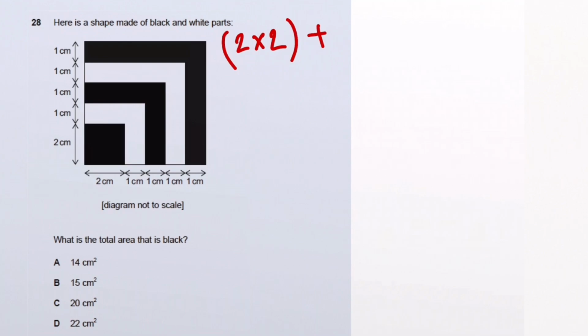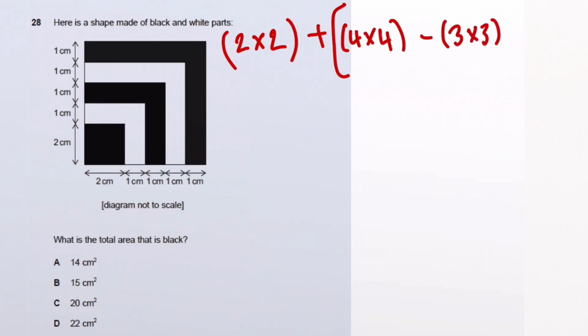So the second largest black whole square is 4 by 4, when we add all of these numbers, minus 3 by 3, which is seen here.